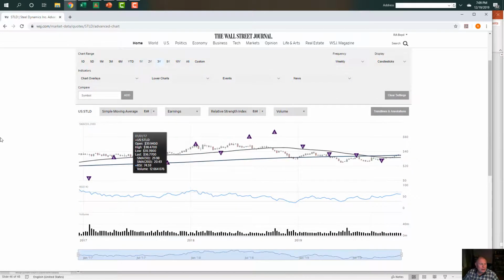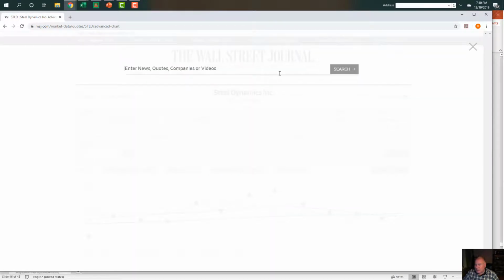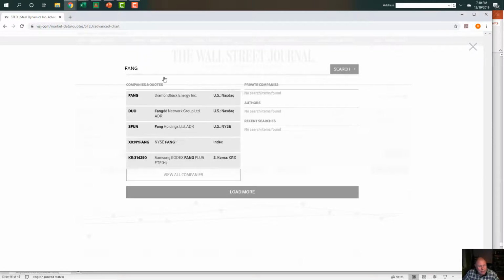Now let's put in a couple of other symbols just so that we can see what may be happening. Let's put in FANG, which is Diamondback Energy.